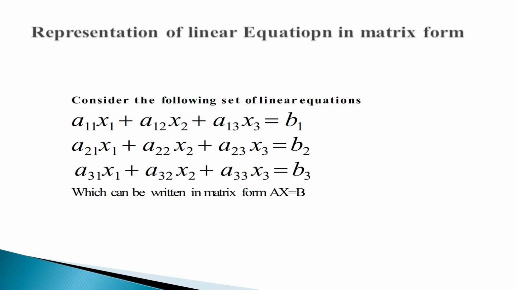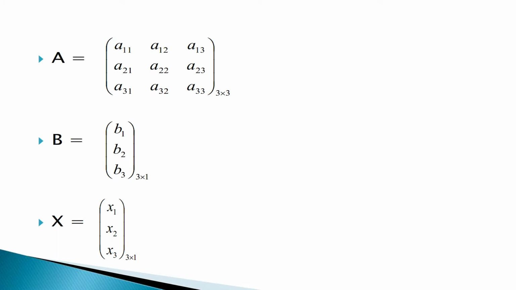Consider the following set of linear equations: a11 x1 plus a12 x2 plus a13 x3 is equal to b1, a21 x1 plus a22 x2 plus a23 x3 is equal to b2, a31 x1 plus a32 x2 plus a33 x3 is equal to b3, where a11, a12, a13, a21, a22, a23, a31, a32 and a33 are known as the coefficients, b1, b2, b3 are the constants, and x1, x2, x3 are the variables.